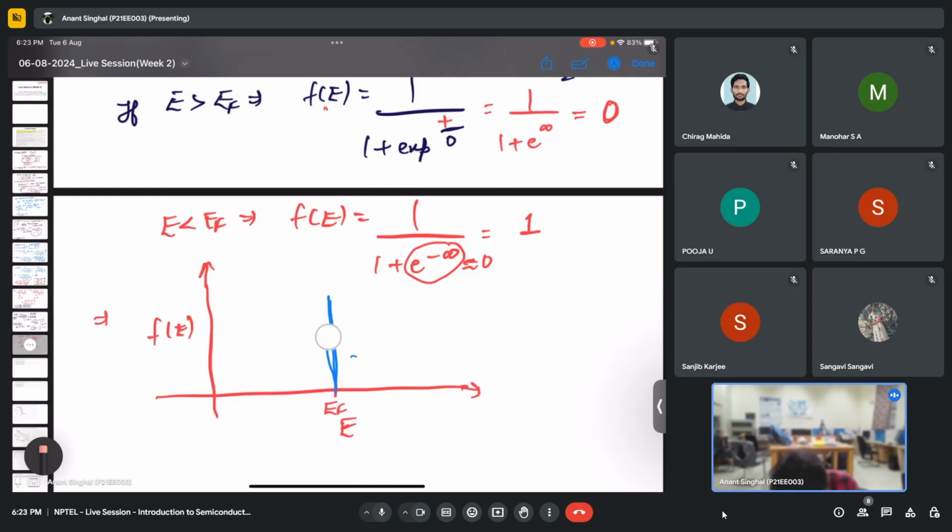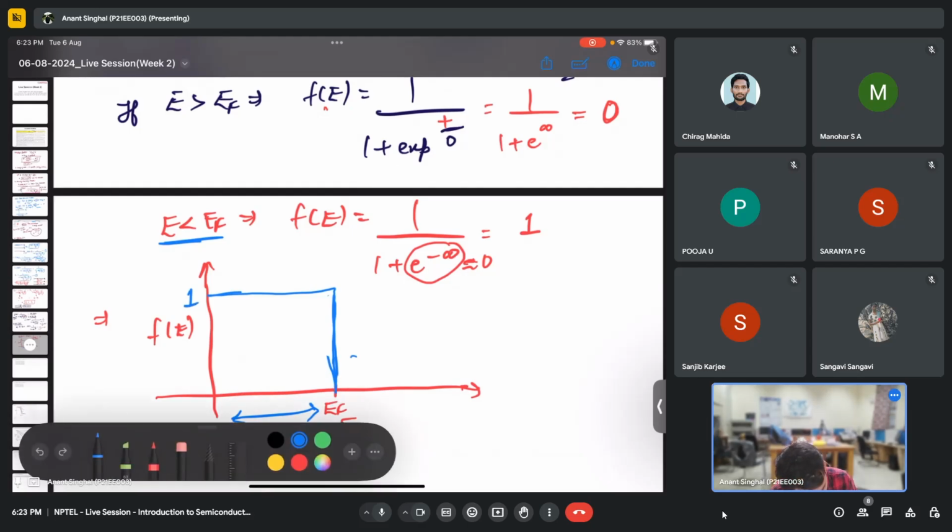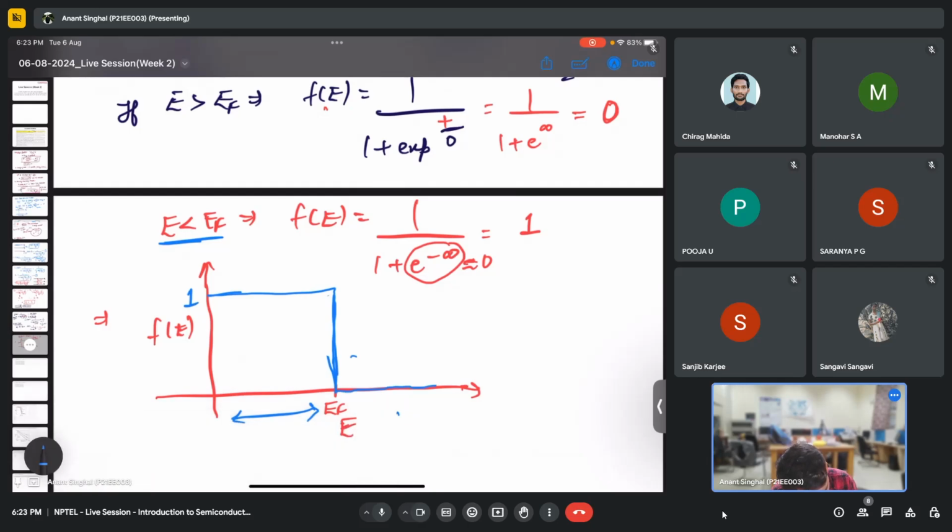So there will be a sharp transition. When E is less than EF, we always have a probability that there will be an electron, and when E is greater than EF, we always have the probability that the electron is not there. So we have a 0 here. This will be the plot.